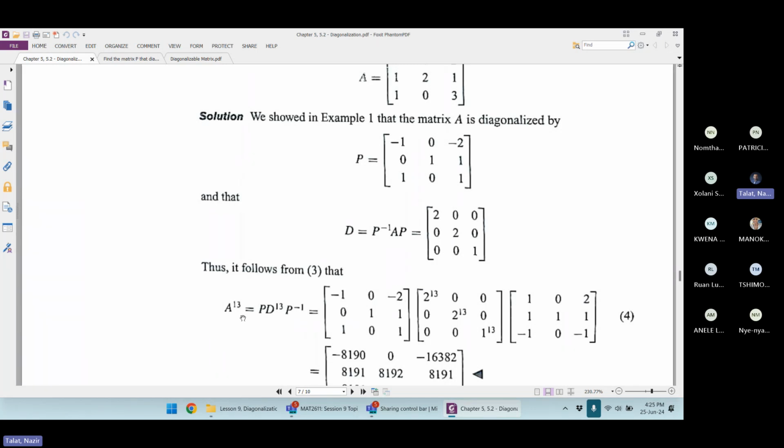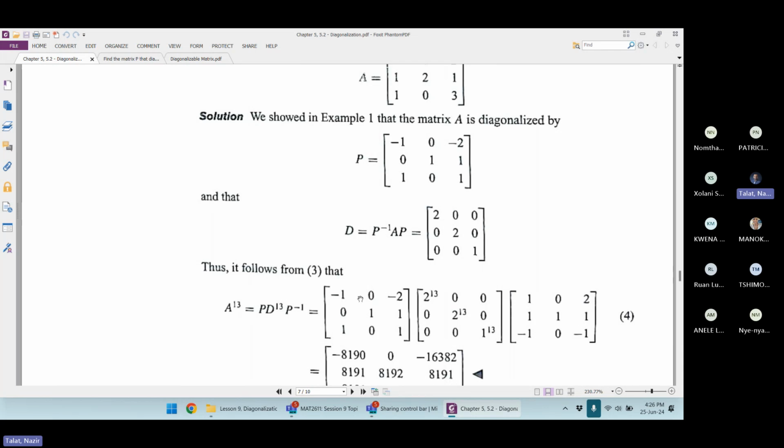When we apply A power 13, it becomes P D^13 P inverse. D^13 means just take the 13th power of the diagonal entries. So we take the diagonal entries to the power 13 and multiply with P and then P inverse.